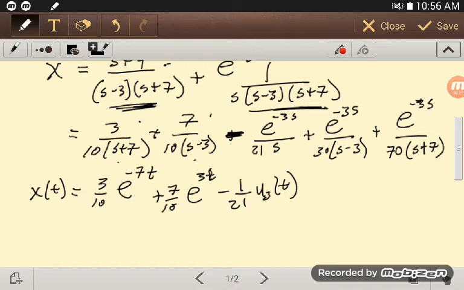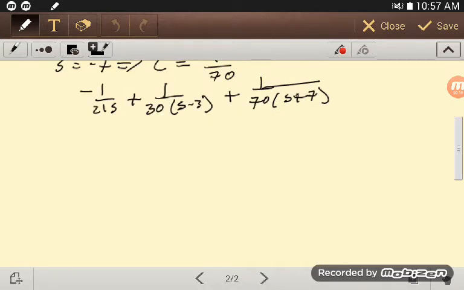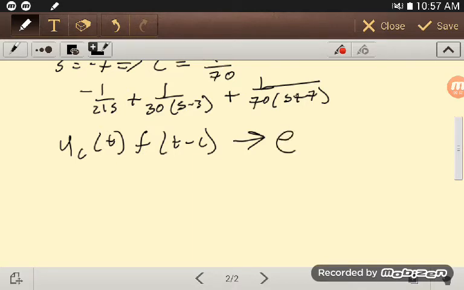Now for the others, what we need to use is the u_c(t) f(t minus c). When I take the Laplace transform, that becomes e to the minus cs F(s). Okay, so how do we use that?